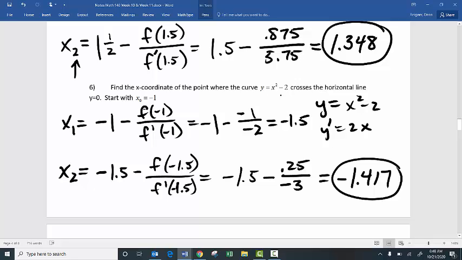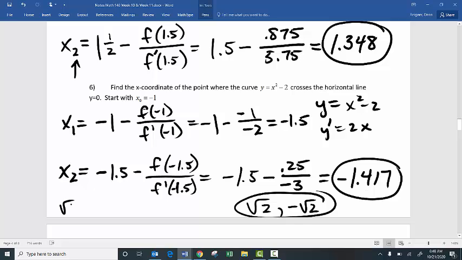And this one we can actually see that the square root of 2 and the negative square root of 2 give us our answers there for where y is 0. So the square root of 2, if you type that in your calculator to get the real answer, is positive or negative 1.4.